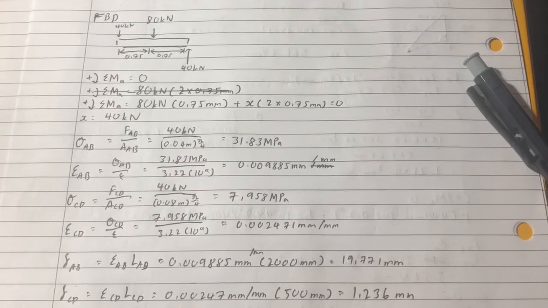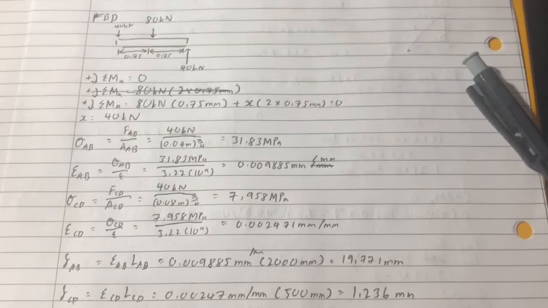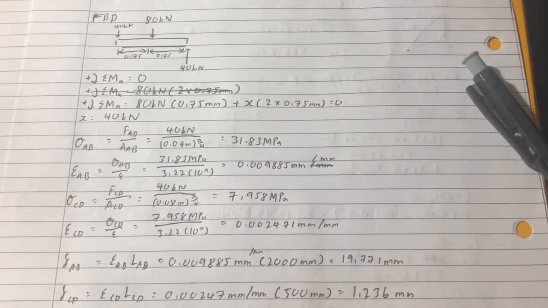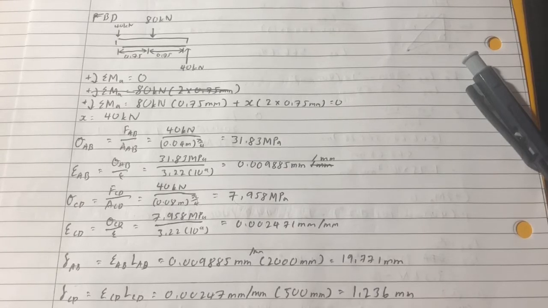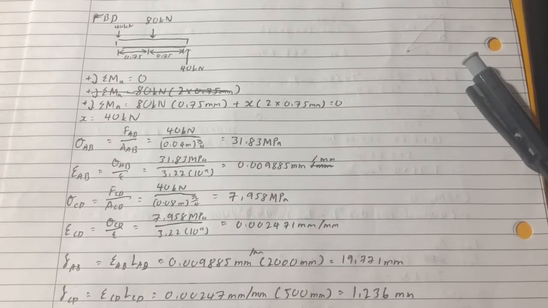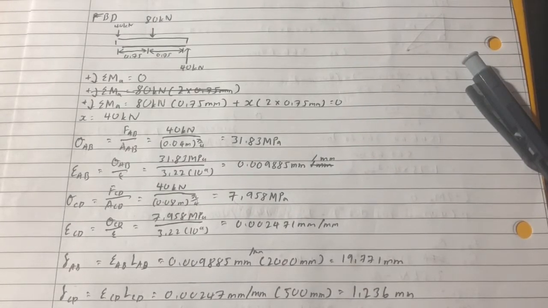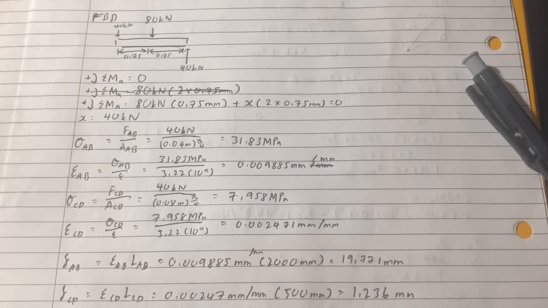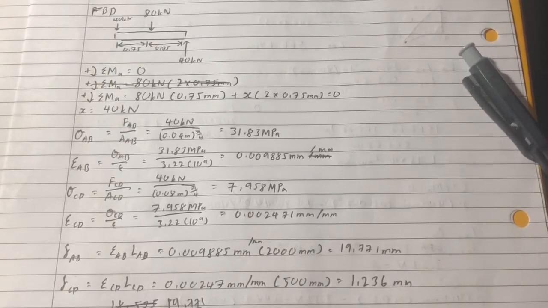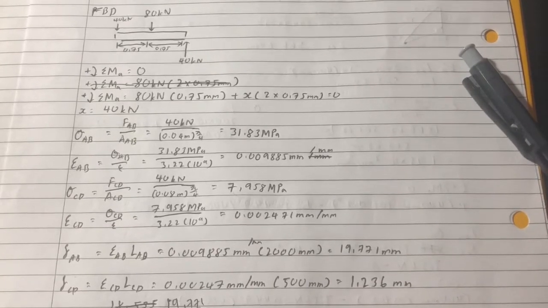The normal strain of AB is 0.009885 mm, and also the normal stress of CD is equal to 77.95 MPa, and the normal strain of CD is equal to 0.002471 mm.